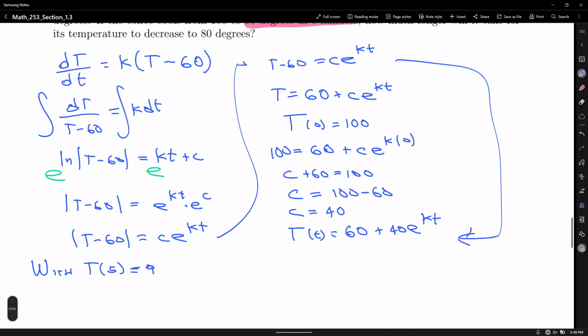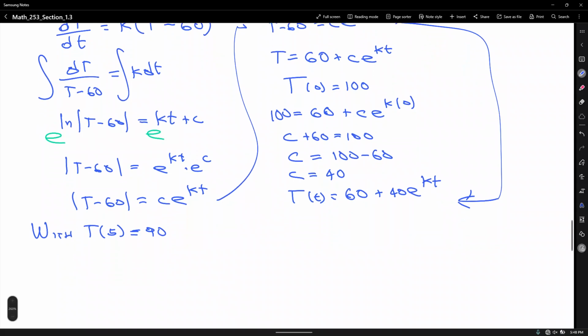So with T of 5 equals 90, I'm going to go back to this model here. So 90 equals 60 plus 40 e to the k times 5. And let's solve another exponential equation. Let's subtract 60 on both sides: 40 e to the 5k equals 30.